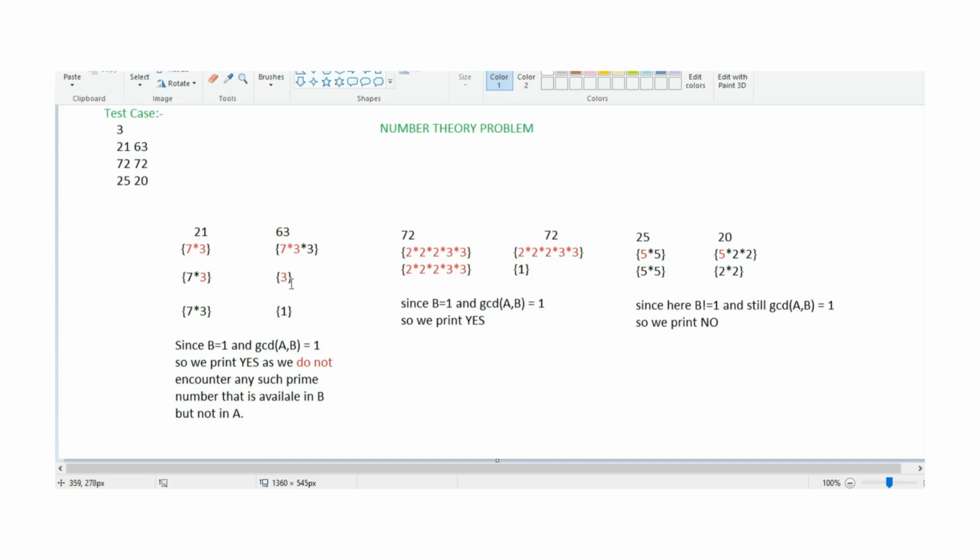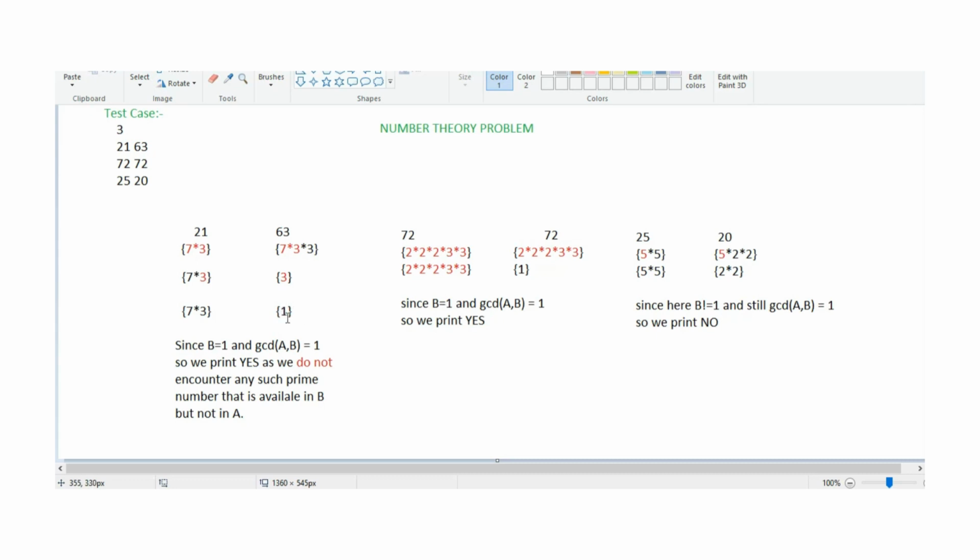So 3 will divide this number, so we will remove 3. Removing the common part means we are calculating the GCD of both numbers, because for calculating the common part, the greatest common divisor, we use the GCD function in the implementation of this question. The number that we get at the end is 1.